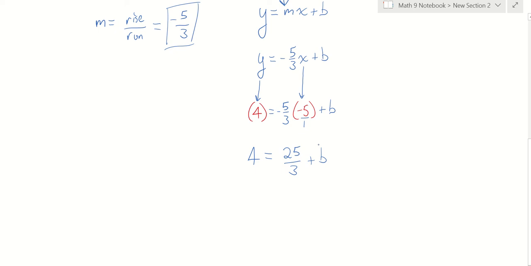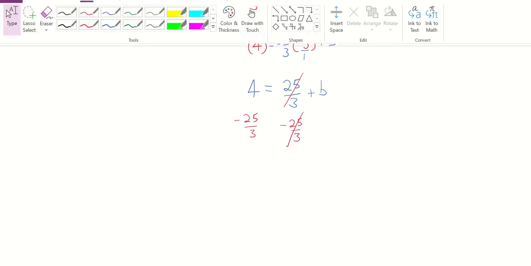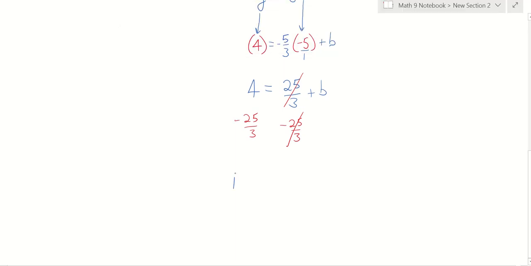We want to isolate the b value. That's ultimately what we want to solve for. So what we can do here is we can get rid of this constant that's being added to it. So we'll subtract 25/3 to get rid of it. But we need to do that on the left-hand side as well, so -25/3. So we have 4 minus 25/3 is equal to b.